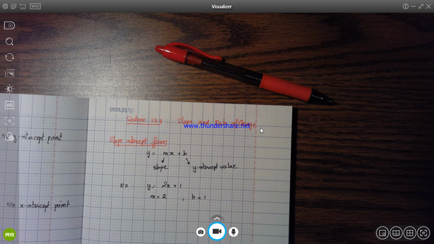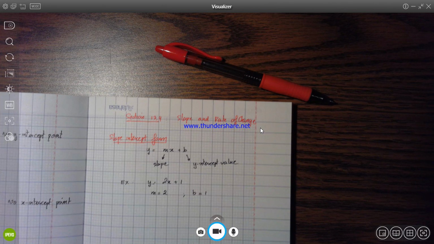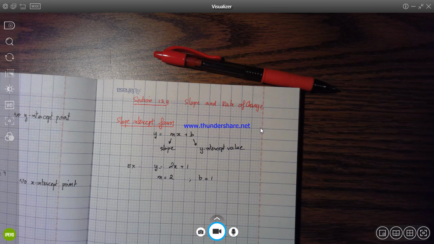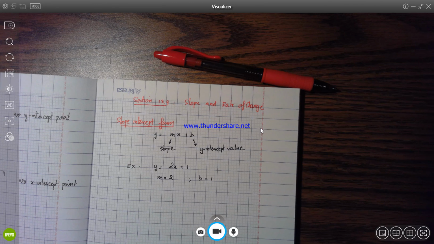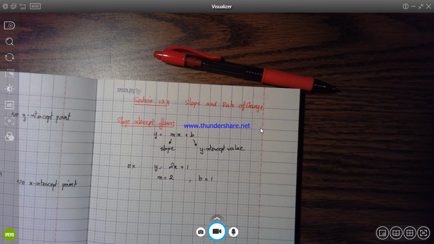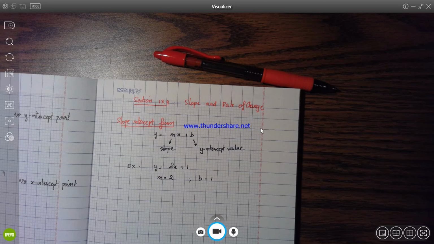Maybe some of you are wondering, I mentioned slope, but what is slope? The slope will tell you exactly how much slanted the line will be. It could be slanted upward or slanted downward. It depends on the slope, so it depends on the m value.